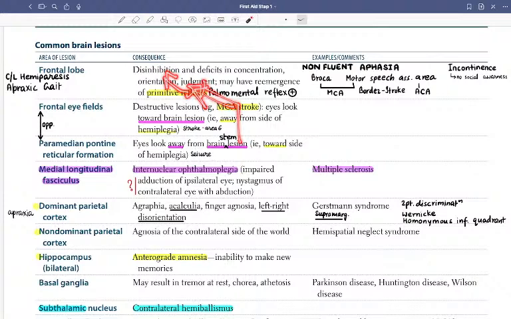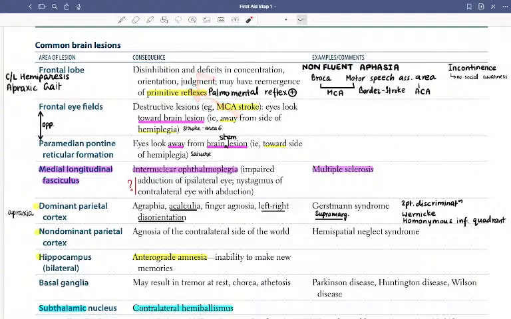FT, towards the brain lesion, so that's why it will be away from the hemiplegia, obviously.